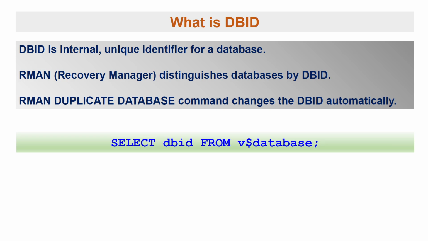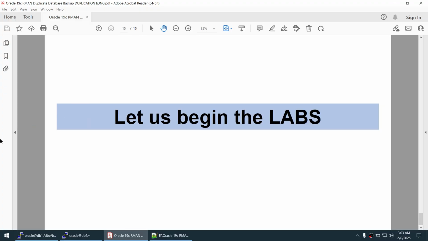The best part of the duplicate command is that RMAN changes the DBID automatically. You don't have to change the DBID manually. And if you want to know the DBID value, you can use select DBID from v$database. Now that we have seen everything, let's proceed and begin the labs.